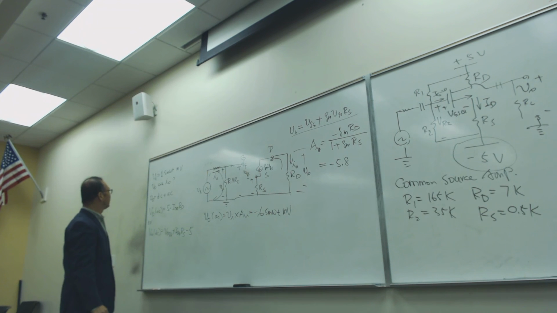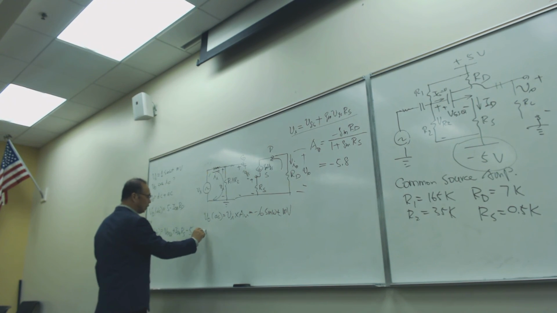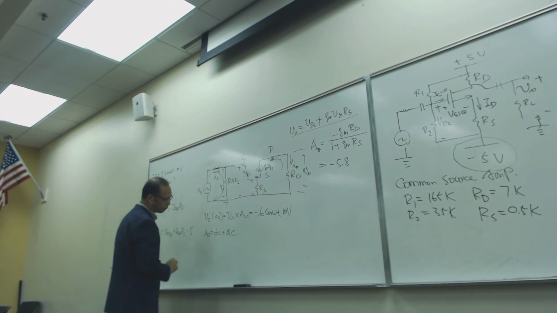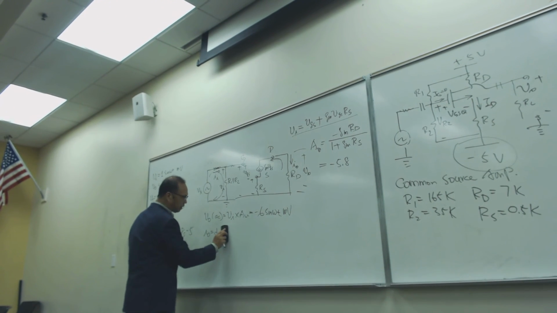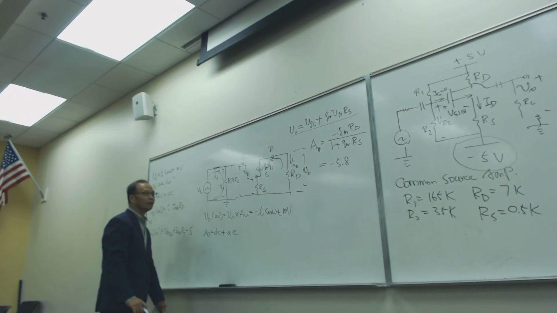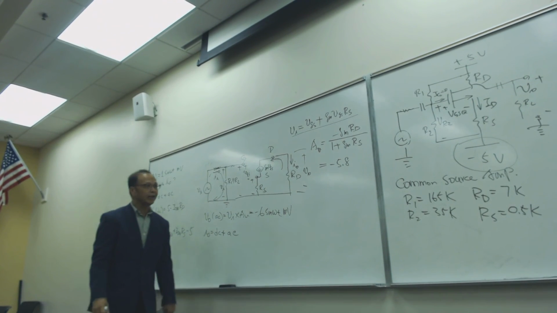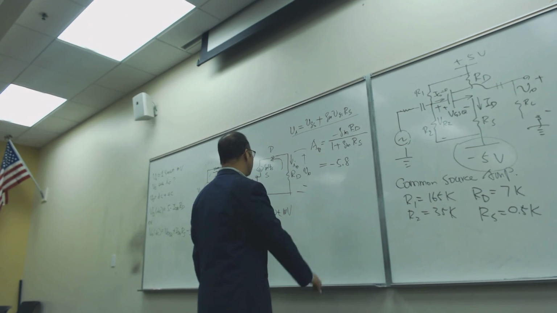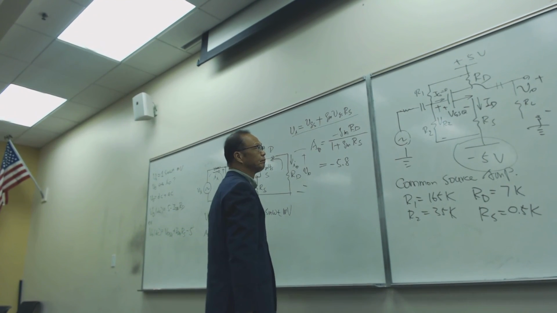Okay, now let's look at the I sub O. I sub O has again DC and AC, correct? What is the DC? What is the current going through R sub D?